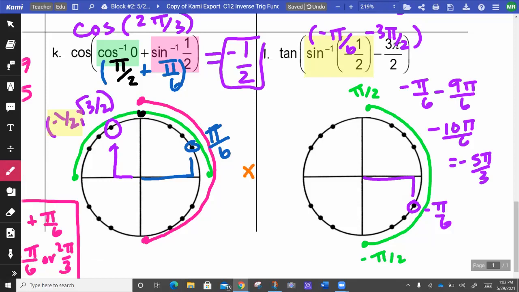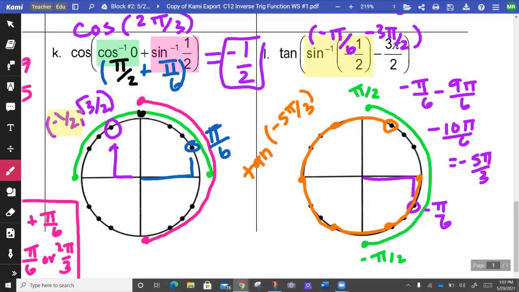I want tangent of -5 pi thirds, and it's a negative angle. So that means I'm starting over here. This would be -pi thirds, -2 pi thirds. Here, this is -3 pi thirds. This is -4 pi thirds.